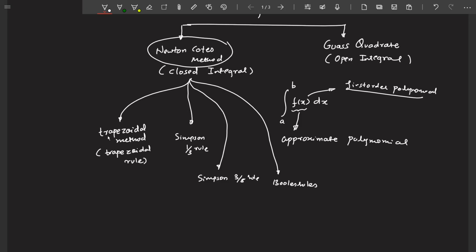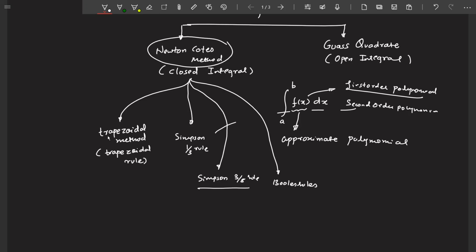When we replace it by a second order polynomial, it is the Simpson 1/3 rule. Similarly, when you replace it by a third order polynomial, it is known as the Simpson 3/8 rule. And when you replace it by a fourth order polynomial, it is Boole's rule.